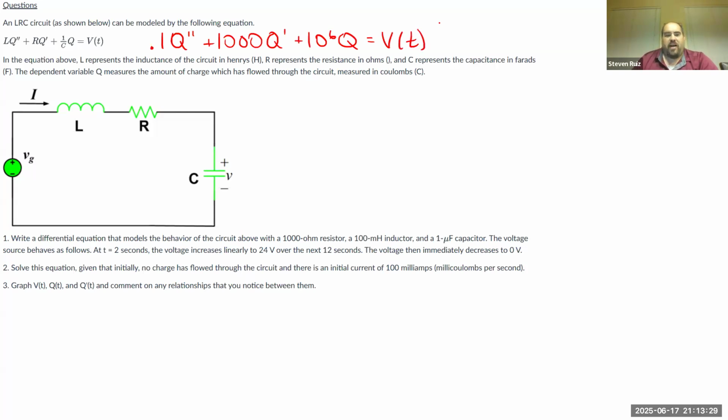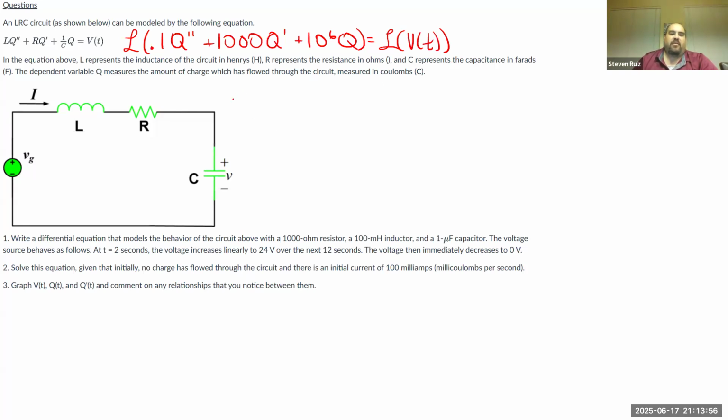So like we just talked about, I can't solve this equation using conventional time domain approaches. Because of that, I'm going to Laplace transform both sides. So the Laplace transform of this side equals the Laplace transform of V of T. All right, so what is the Laplace transform of Q double prime?